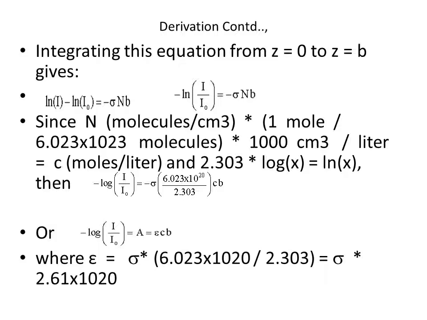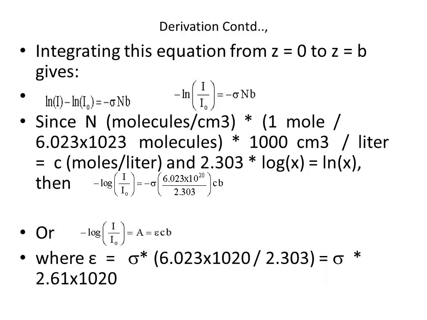Integrating this equation from z equal to 0 to z equal to d gives natural log of I minus natural log of I naught, which is equal to minus sigma N d. This can be written as minus natural log of I by I naught, which is equal to sigma N d.